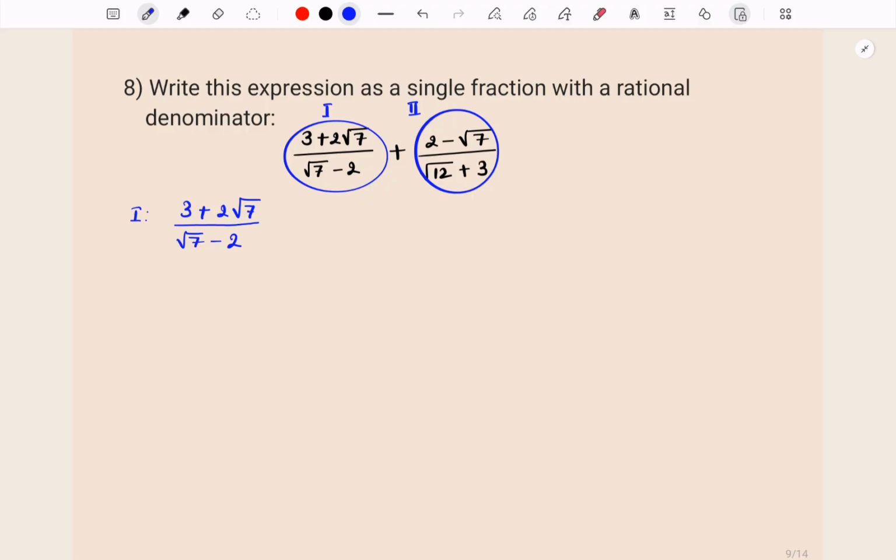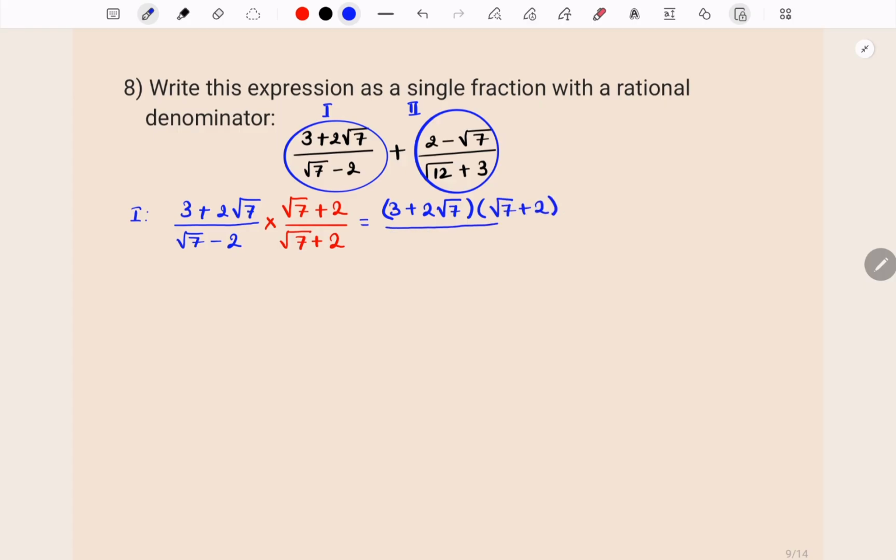So if I rationalize the denominator, I need to multiply with its conjugate. The conjugate of root 7 minus 2 is root 7 plus 2. So let's just multiply with root 7 plus 2 at the top and here at the bottom. All right, now let's multiply. In the numerator, we have 3 plus 2 root 7 multiplied by root 7 plus 2, right?